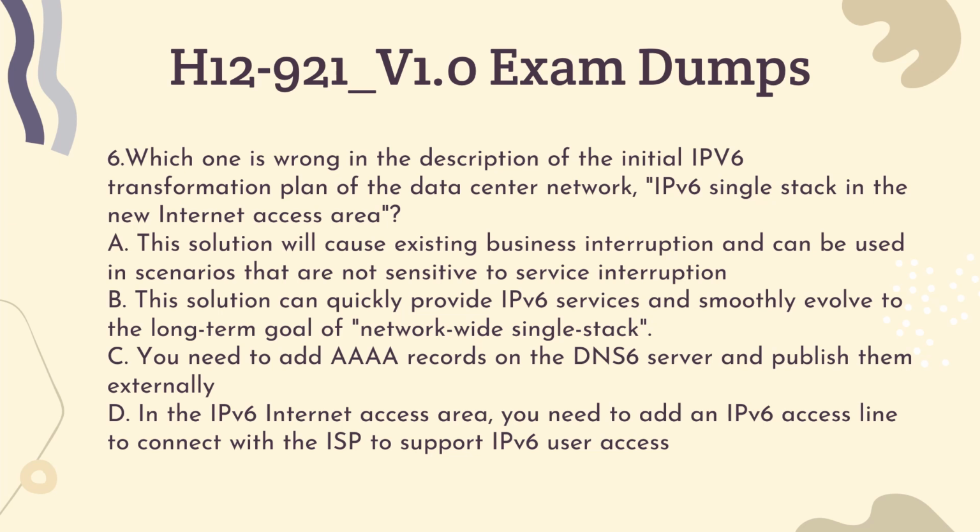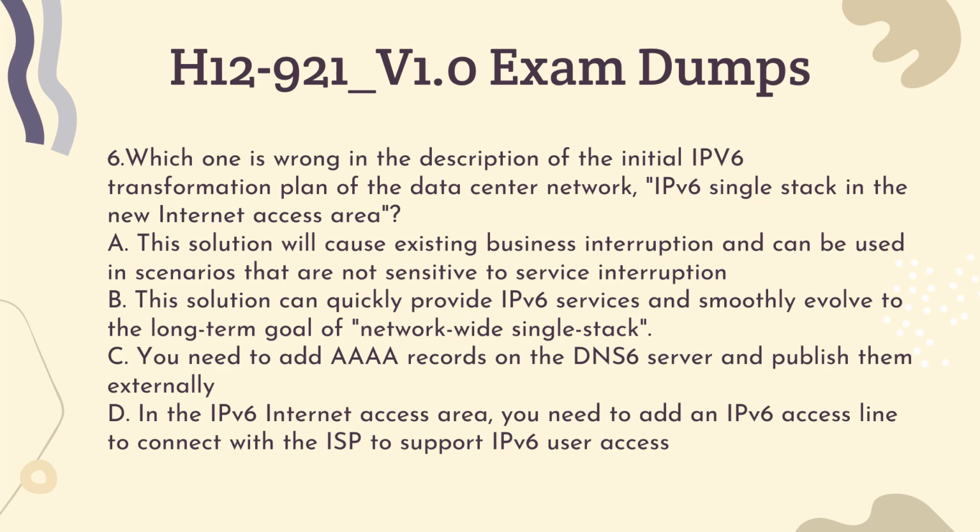6. Which one is wrong in the description of the initial IPv6 transformation plan of the data center network? IPv6 single stack in the new Internet access area. A. This solution will cause existing business interruption and can be used in scenarios that are not sensitive to service interruption.